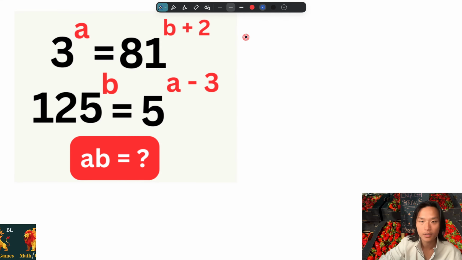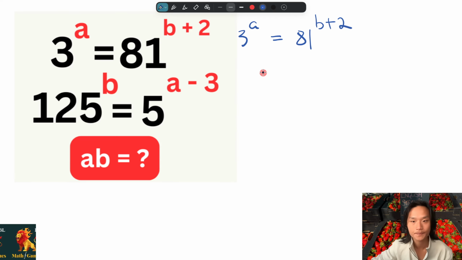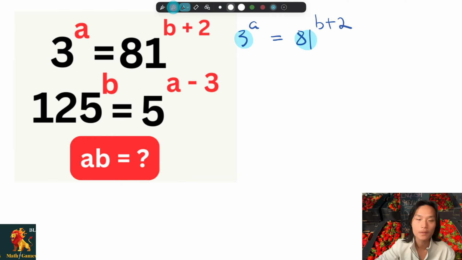We have 3 raised to the power of a equals 81 raised to the power of b plus 2. So right away, we need to think about the relationship between 3 and 81.